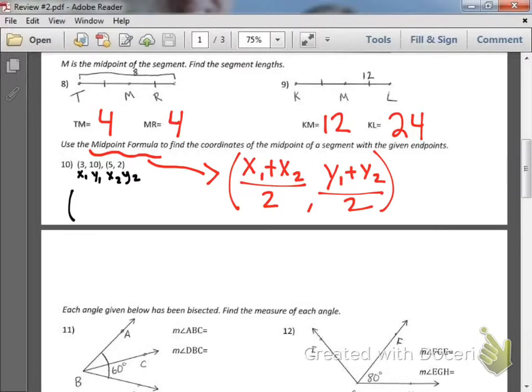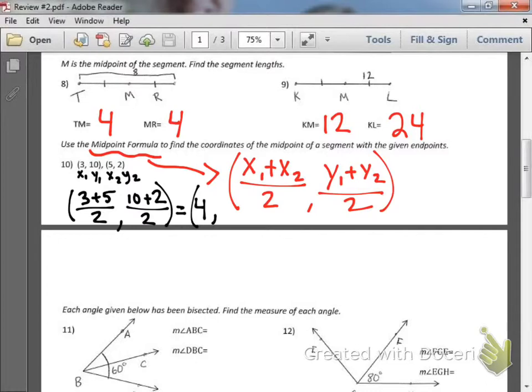When I add the x's, I have 3 plus 5. I'm going to divide that by 2. When I add the y's, I have 10 and 2, and I'm going to divide that by 2. What is 3 plus 5? Well, first it's 8, right? And 8 divided by 2 is 4. What is 10 plus 2? Well, first it's 12, right?